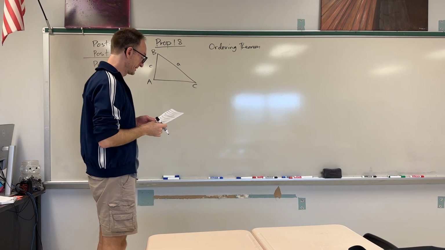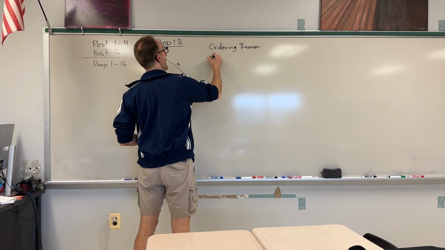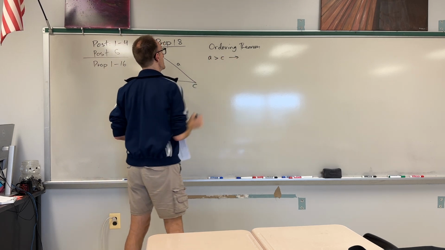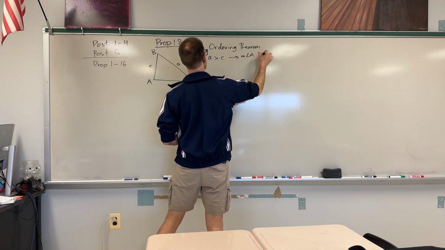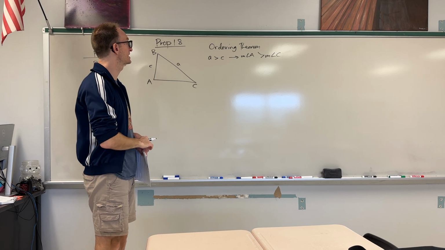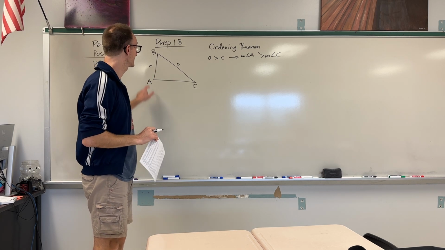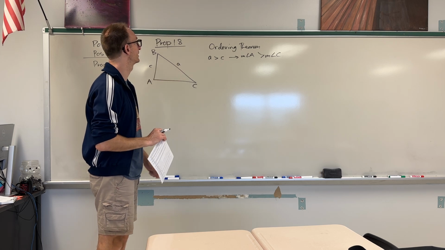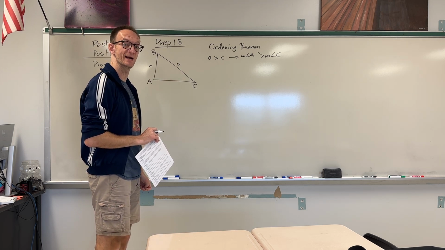It says the angle opposite the greater side is greater. So if a is greater than c, then the measure of angle A is greater than the measure of angle C. In other words, the order in the lengths of the sides of a triangle is matched by the order in the size of the opposite angle.